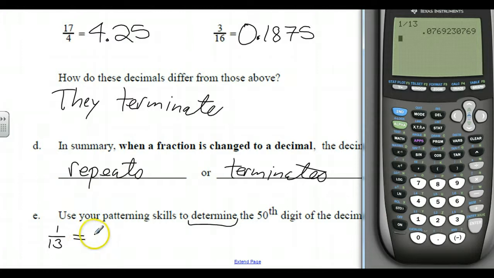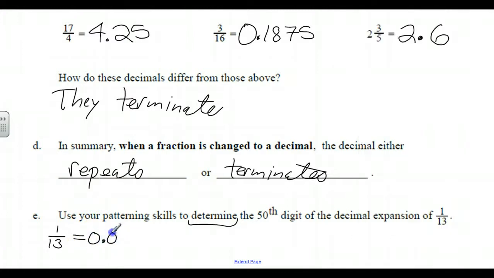So what do we have? 0.076923, and then it starts repeating. So this is how we write it. This is what repeats. We have 1, 2, 3, 4, 5, 6 decimals repeating. Right, there's 6 of these.